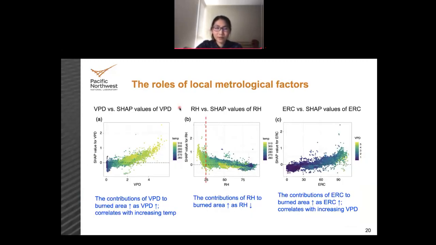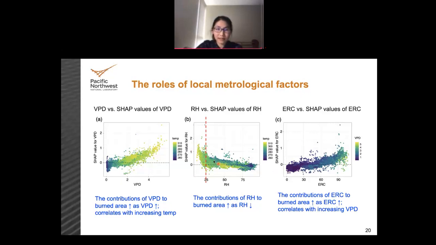And also, we check the local meteorological factors. So here shows the SHAP scatter plot for VPD, RH, and ERC. We see that for VPD, as VPD increases, the contribution to the burn area will increase, and it is associated with high temperature. While for the RH, as RH increases, the SHAP value for RH will decrease.